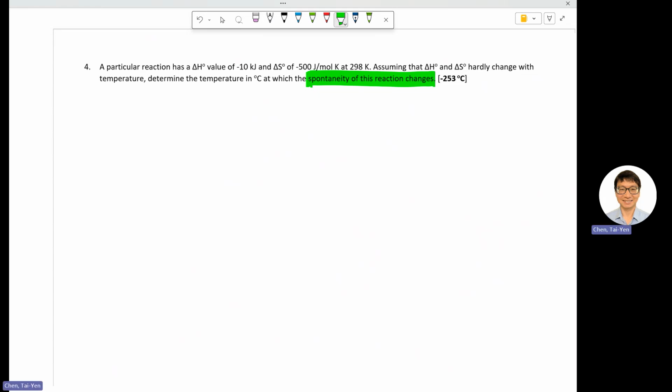Negative, it moves to the product side. In between is equilibrium, meaning your delta G will equal 0. And that temperature indicates where the spontaneity of the reaction can change. So what this is telling you is that you want to know the temperature.